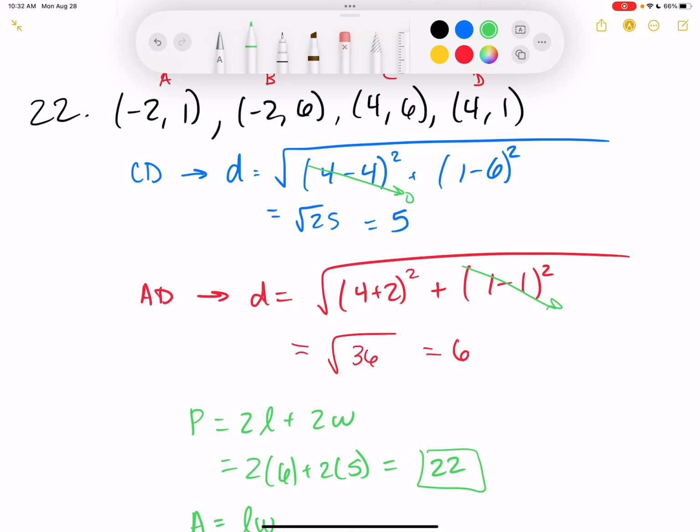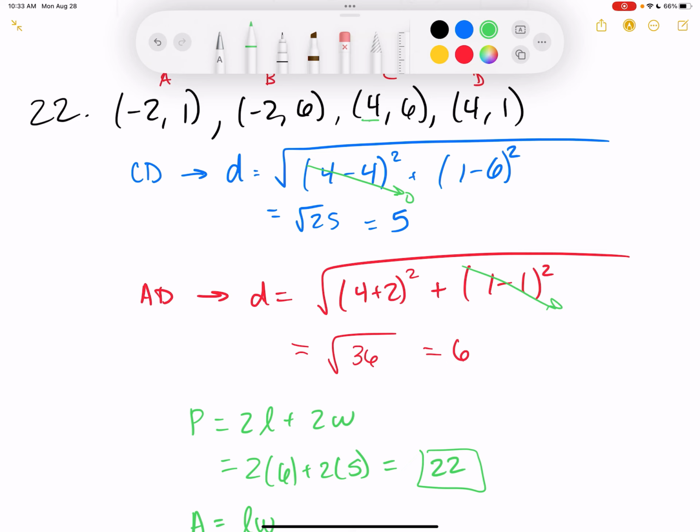So I could tell that it was a rectangle, so I knew that I only needed to find the distance on 2 sides, because that's all I need to solve perimeter and area. Now, if this rectangle had been shifted, you would have needed to do them all to verify that it was actually a rectangle, because you wouldn't necessarily see that from the way the points were. So I knew I needed one with the x values being the same, which is why I did CD.